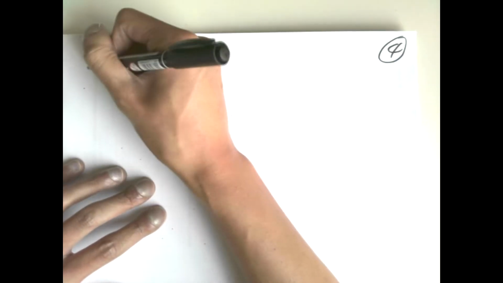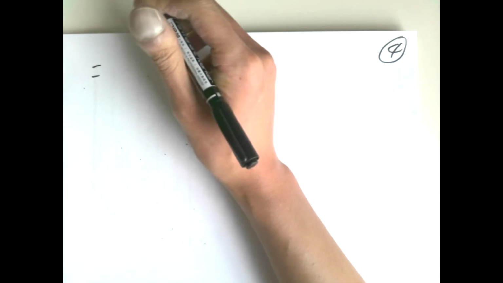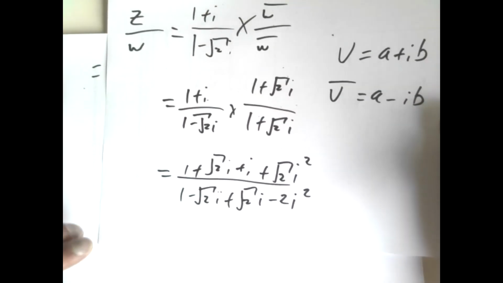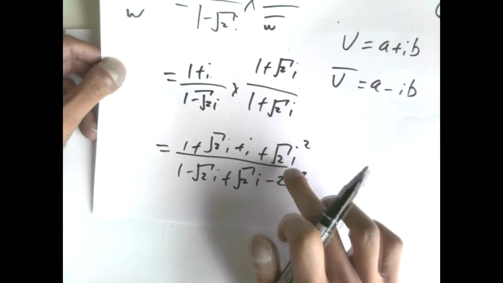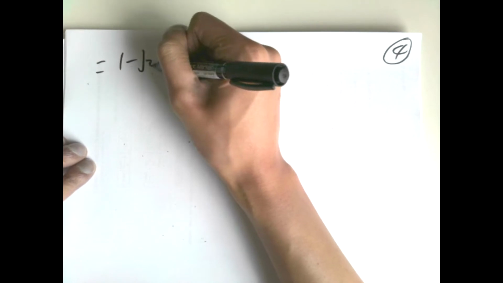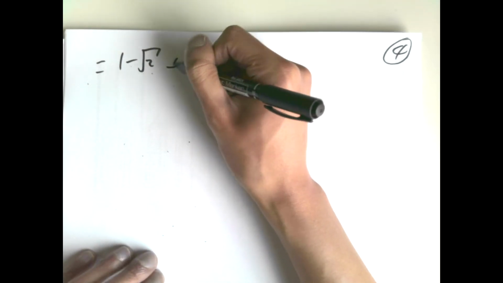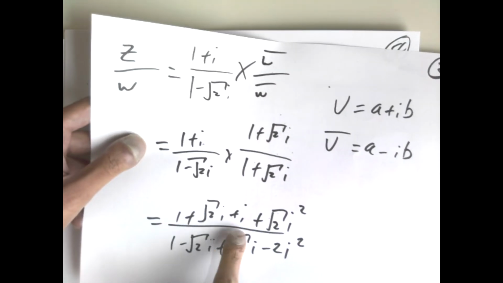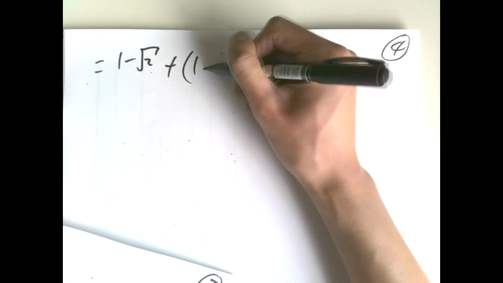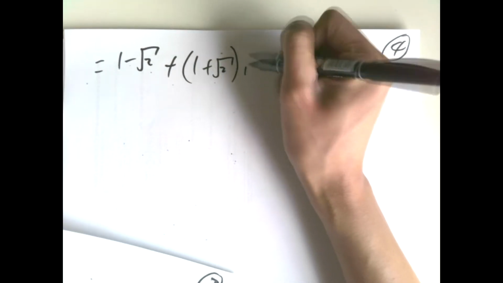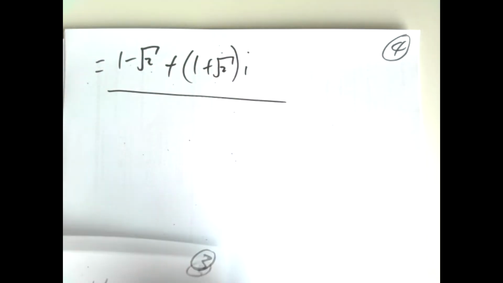Moving on to the next page. And let's actually simplify all of this to become a real plus imaginary thing. So we get 1 minus root 2 plus i plus root 2i, all over.